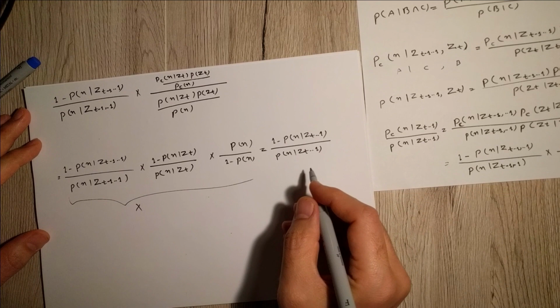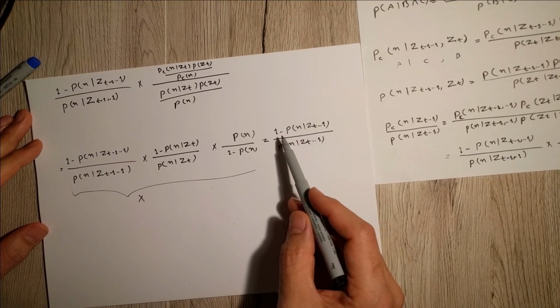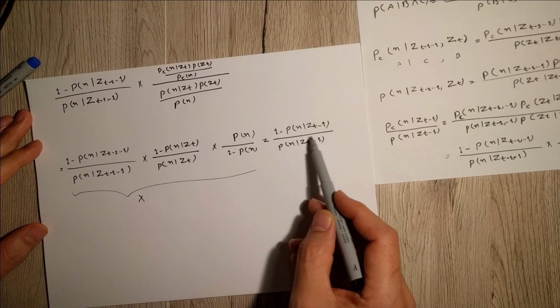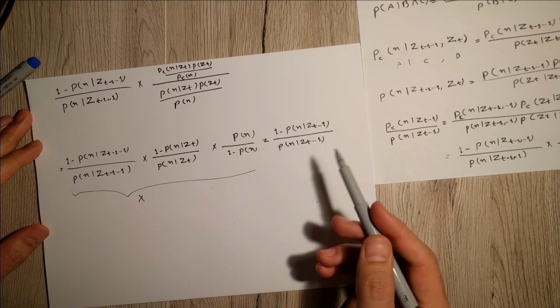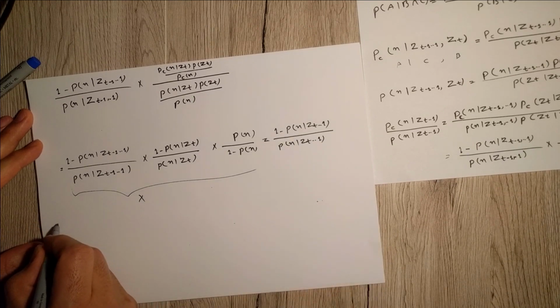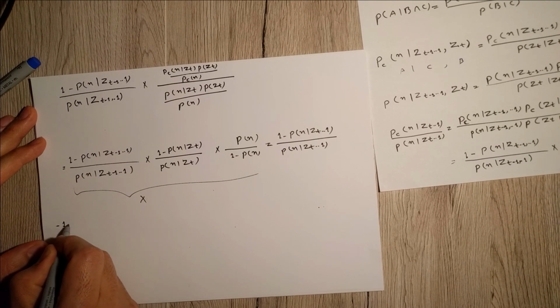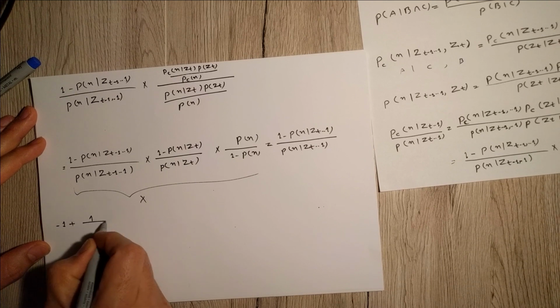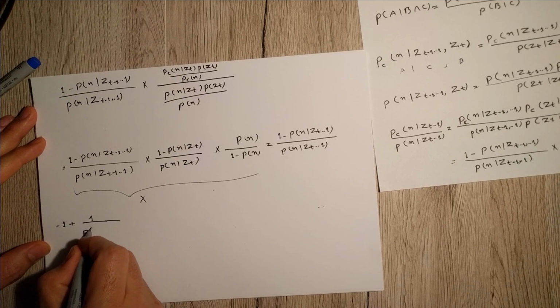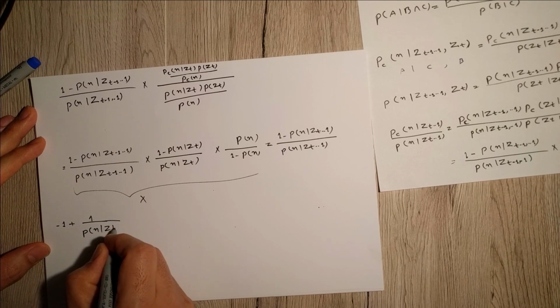Okay. And I will just decompose this term. So 1 over this probability minus 1. So just divide this term. So we have minus 1 plus 1 over probability of n given zt.